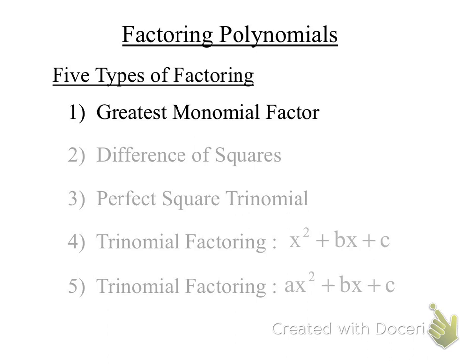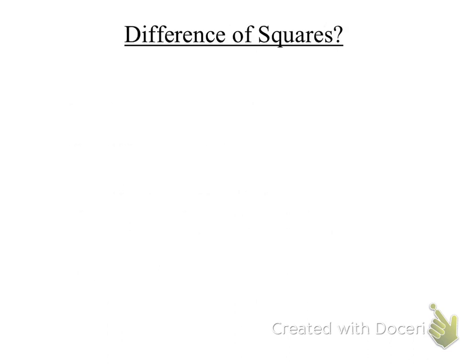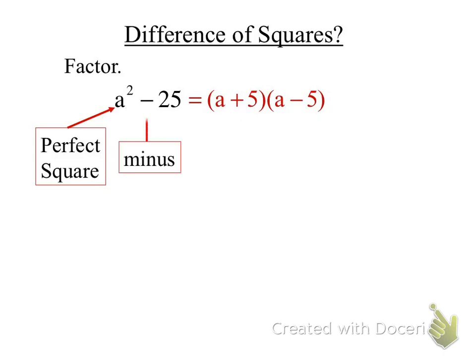If I'm left with a binomial, the only thing factorable is a difference of squares. So here we are with our difference of squares, number 2 pattern. Remember, a difference of squares is a perfect square, different sign, perfect square. That's how we tell it goes to this pattern. Questions there?